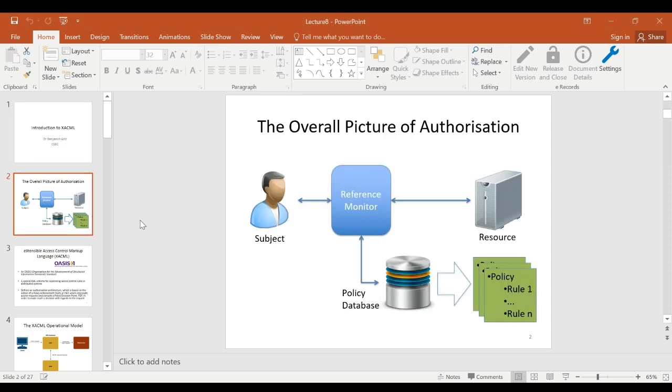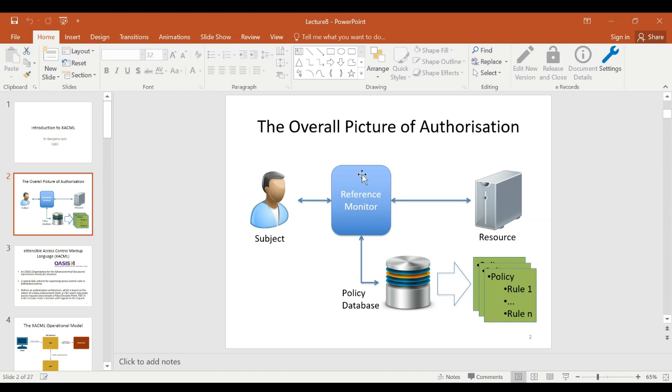Now, remember we said also last time that the idea of access control is often implemented via a model that we call the reference monitor. A reference monitor is that layer of the system which sits between you as a subject or a user who wants to access certain resources and the resources themselves.